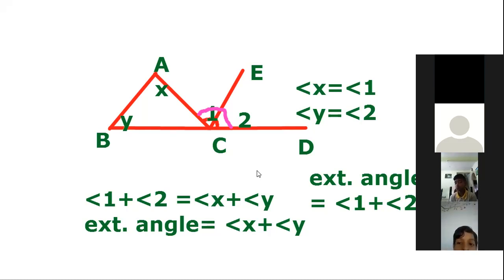That's why we write angle x equal to angle 1 and angle y equal to angle 2. Using them, we can say the exterior angle is equal to the sum of opposite interior angles. This is known as the exterior angle property of a triangle.